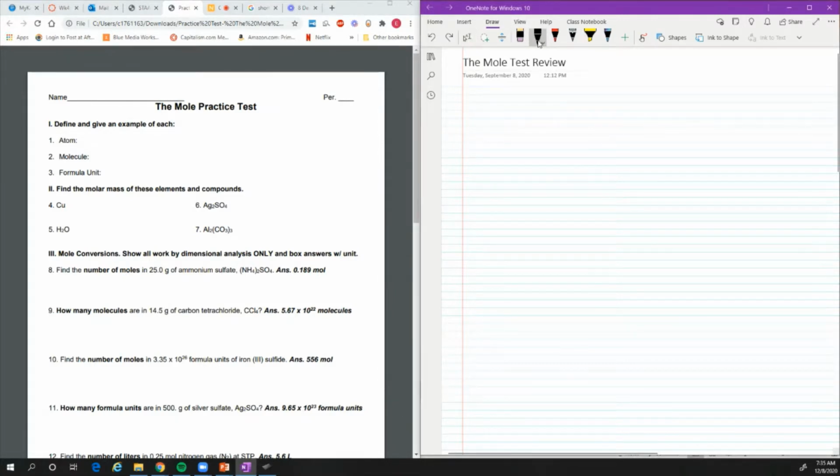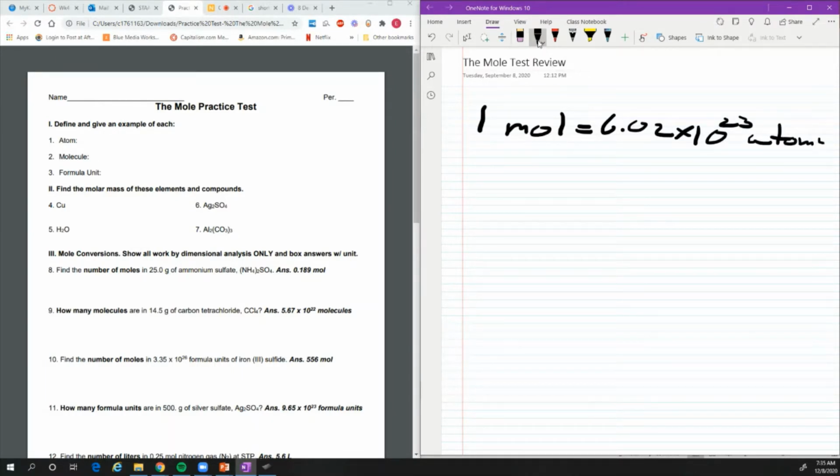All right, so 1 mole can be equal to 6.02 times 10 to the 23rd, and this is important, atoms, or I could say the word molecules, or I could say the word formula units.